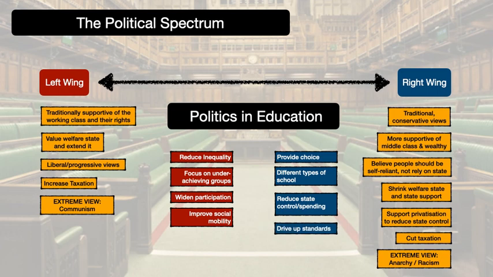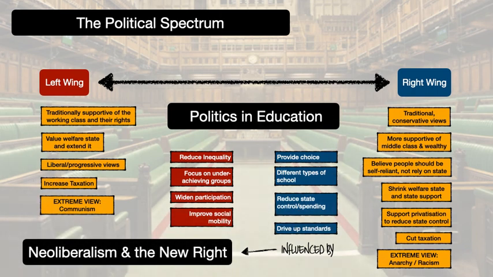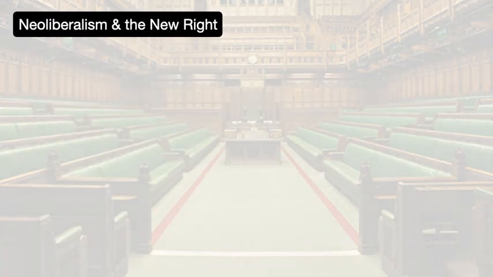And finally, these ideologies, these beliefs, if you like, are influenced by a school of thought that is referred to as neoliberalism, and the politics of the new right, which itself needs explaining.